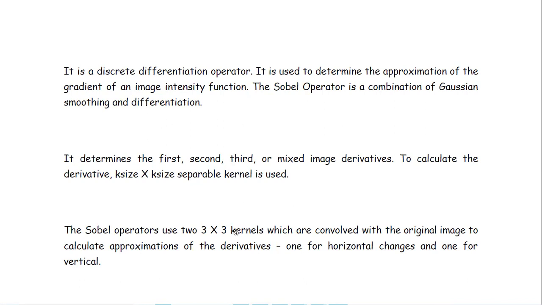First of all, it is a discrete differentiation operator. It is used to determine the approximation of the gradient of an image intensity function. And this Sobel operator is a combination of Gaussian smoothing and differentiation.